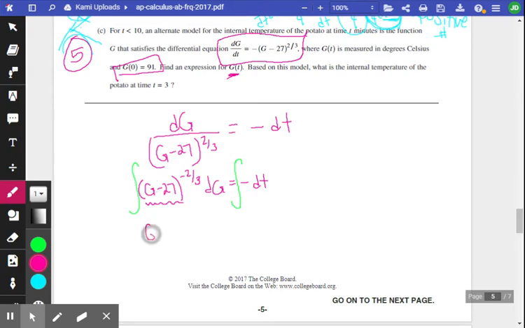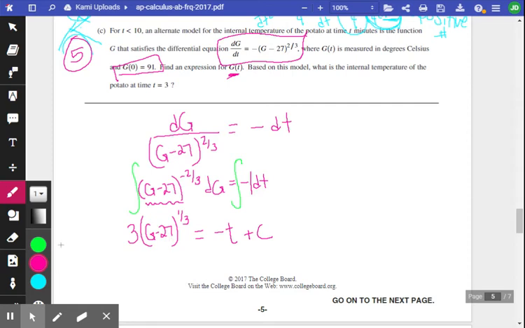This is going to just be g minus 27, add 1 to negative 2/3, and get 1/3 divided by 1/3, or times 3. And this is going to equal the antiderivative of negative 1 with respect to t, so negative 1t plus c. There's my integral of both sides.